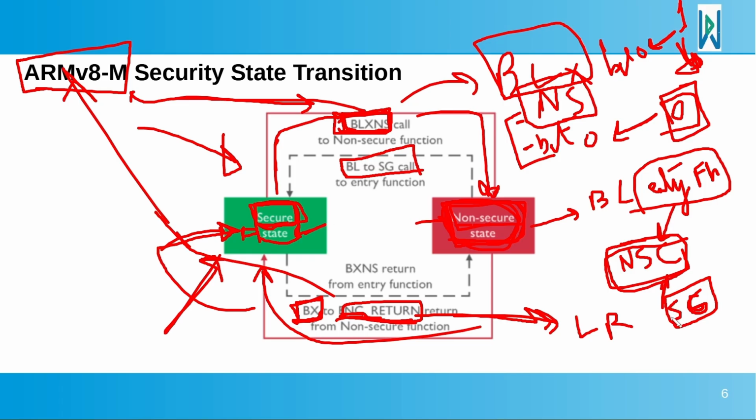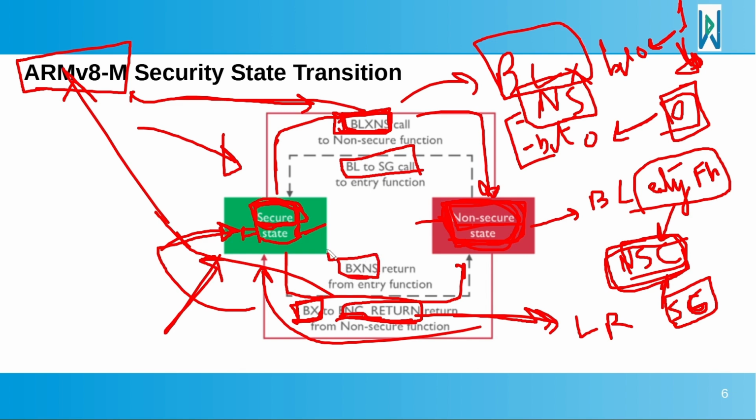If we try to execute any other instruction rather than secure gate from this non-secure callable region, the CPU will escalate it to secure fault. Once we are in secure state, we can return back to our non-secure state by executing this branch with exchange to non-secure.